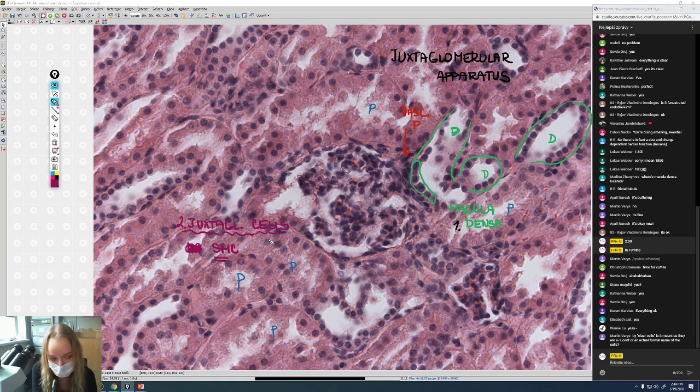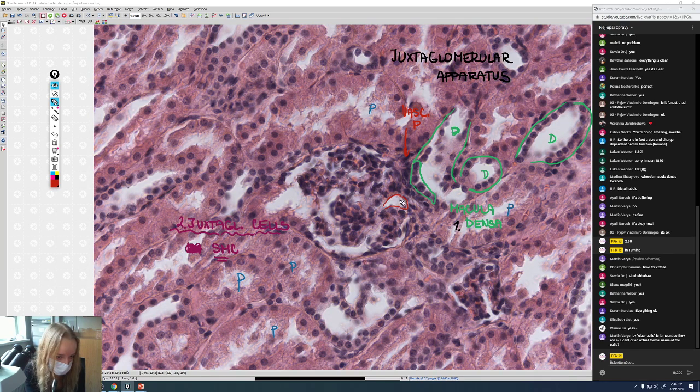So juxtaglomerular cells are modified smooth muscle cells of the afferent and efferent arteriole that are located in the vascular pole. So we can say that this lumen right here can probably be a lumen of one of these arterioles.